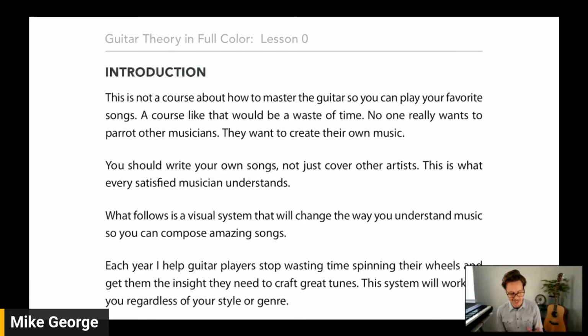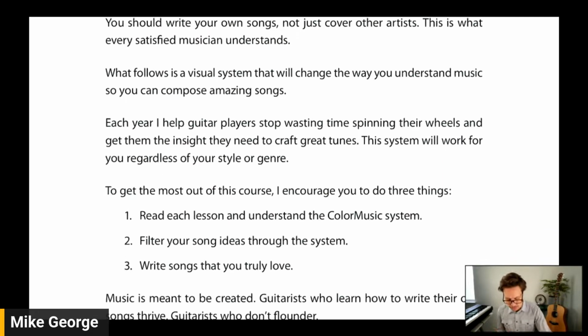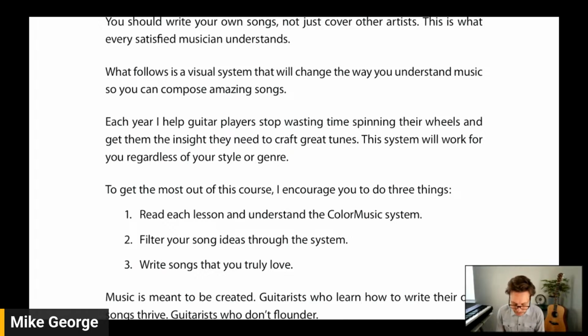This is what every satisfied musician understands. What follows is a visual system that will change the way you understand music so you can compose amazing songs. Each year, I help guitar players stop wasting time spinning their wheels and get them the insight they need to craft great tunes. This system will work for you regardless of your style or genre.